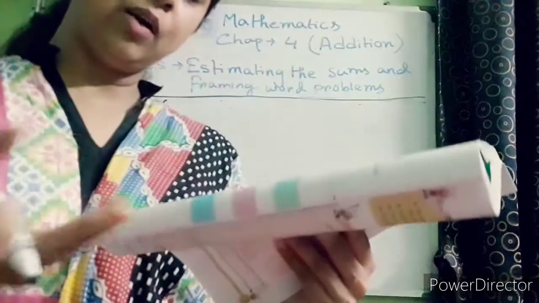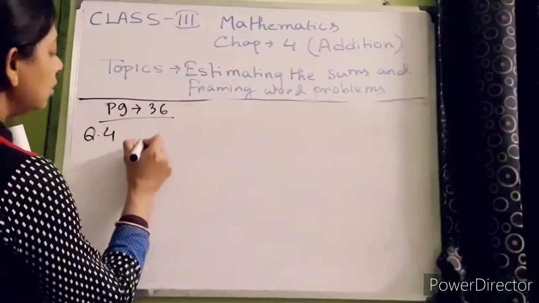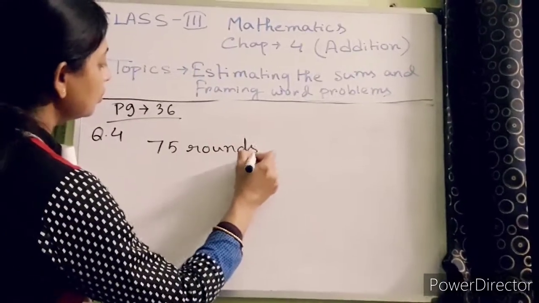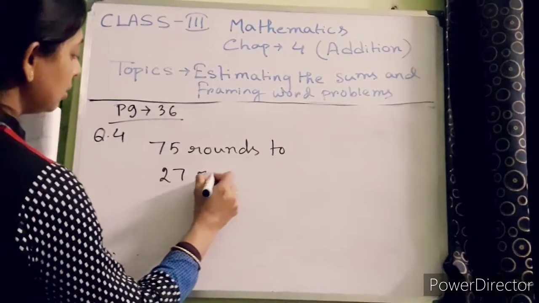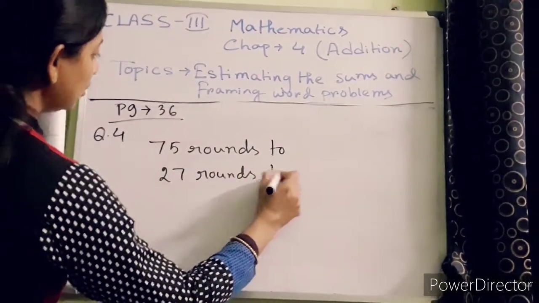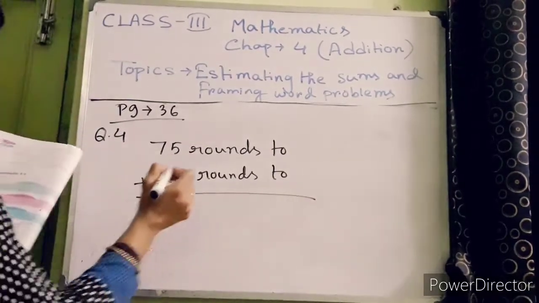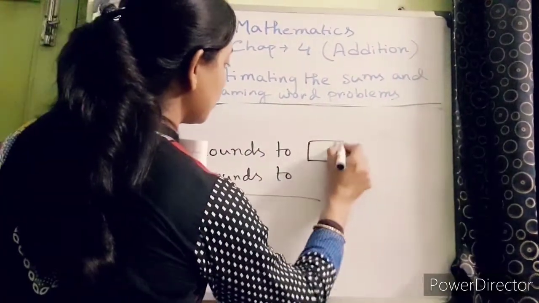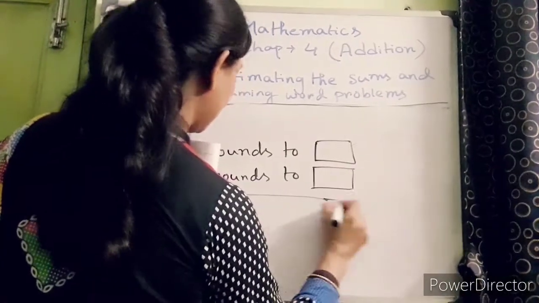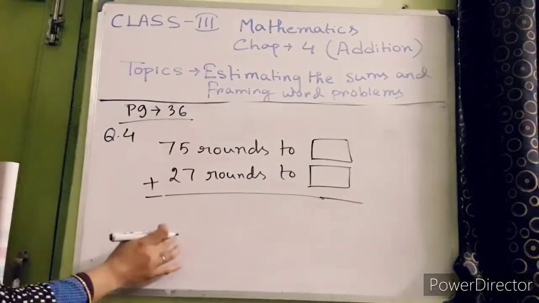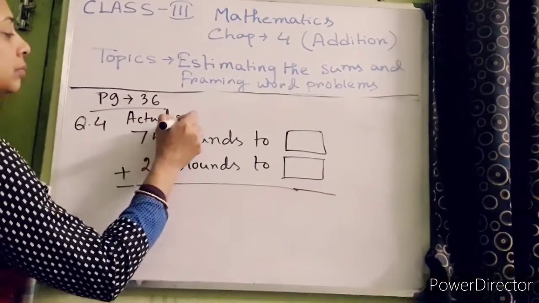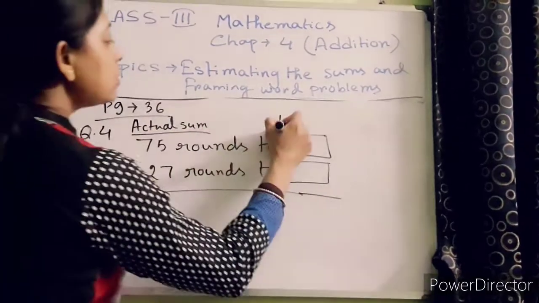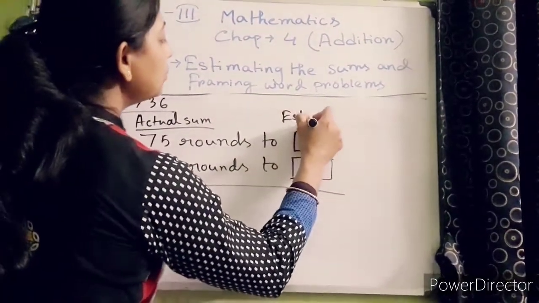Find the estimated sum by rounding up to the nearest 10. 75 rounds to, 27 rounds to. This one is the actual sum. If you want, you could write down the actual sum here or the estimated sum here. You can put the heading.